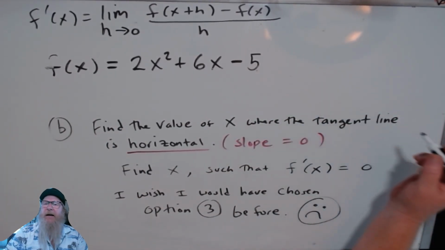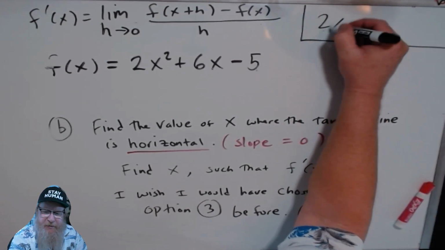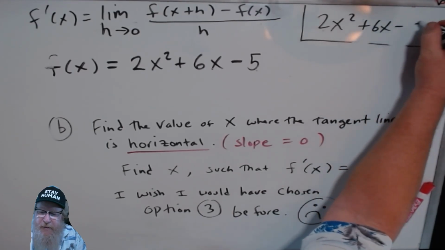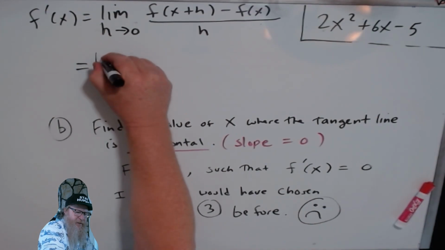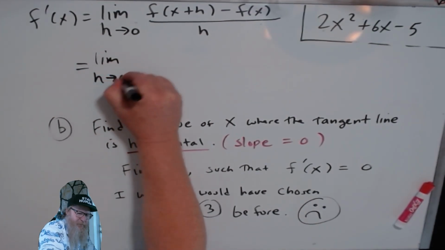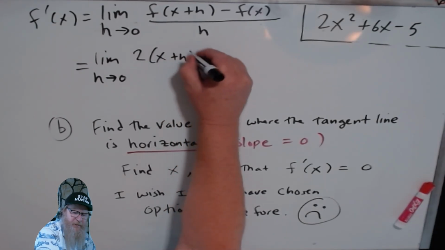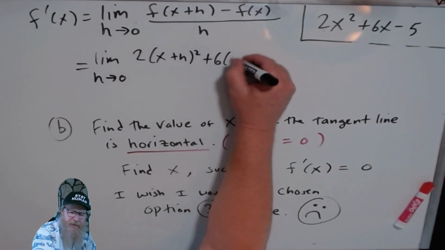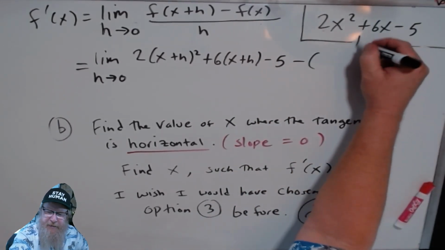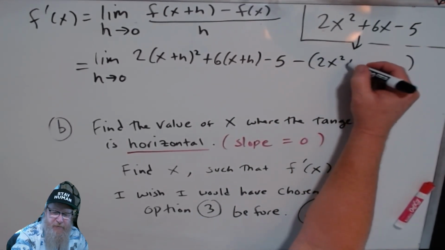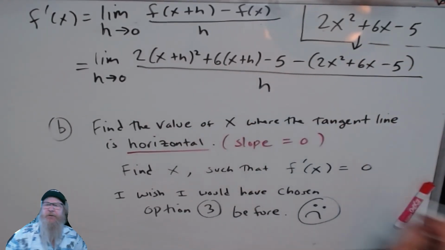I'm going to save 2x squared plus 6x minus 5 here, just so I don't forget what that is. So I've got the limit as h approaches 0 of 2 times x plus h squared plus 6 times x plus h minus 5 minus all of this, all over h.